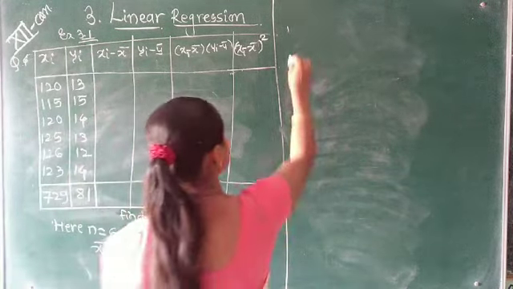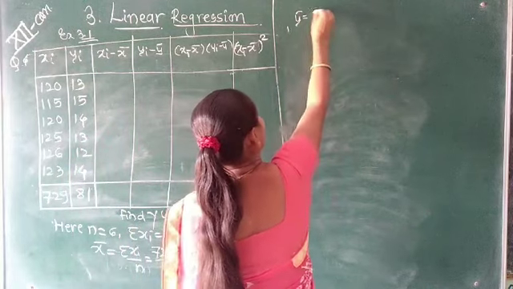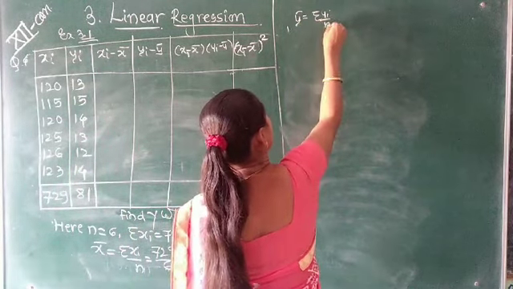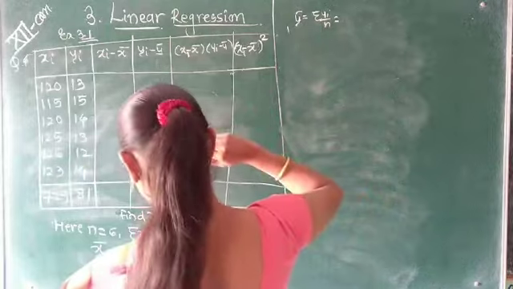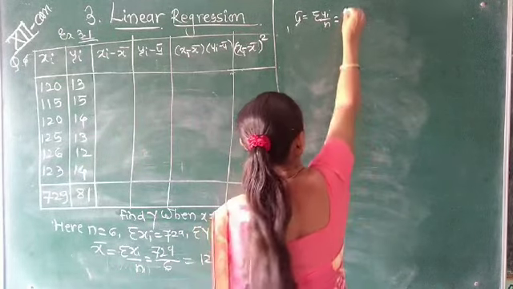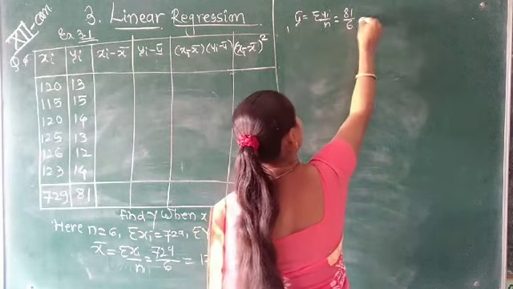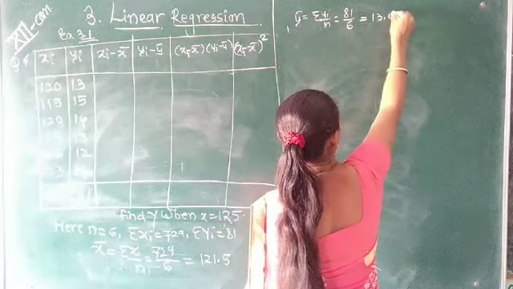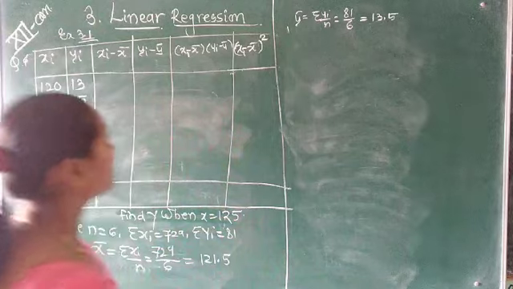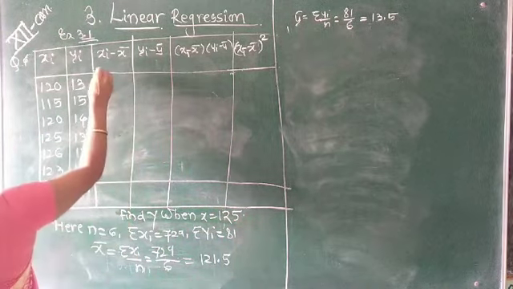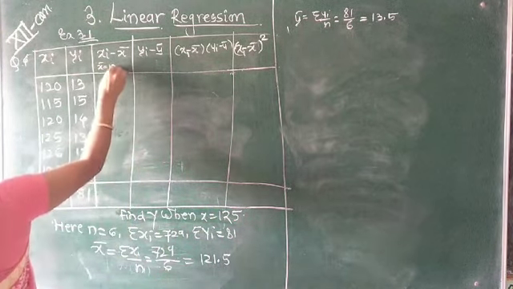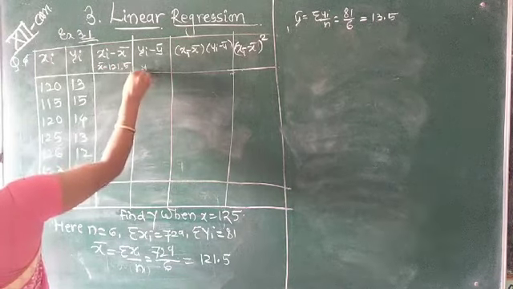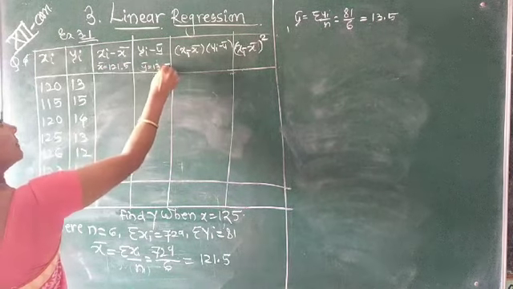Next, y bar is equal to summation yi upon n, that is 81 upon 6, that is 13.5. So my mean y bar is 13.5. x bar is equal to 121.5 and y bar is 13.5.